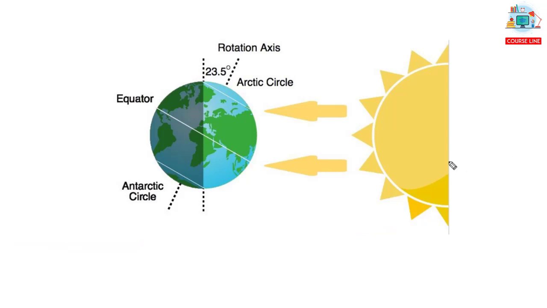Okay, and only half, see, this half is illuminated, getting light from the sun, and this half is in darkness. It is not getting light or illuminated by the sun. This was what we have to understand by this line.